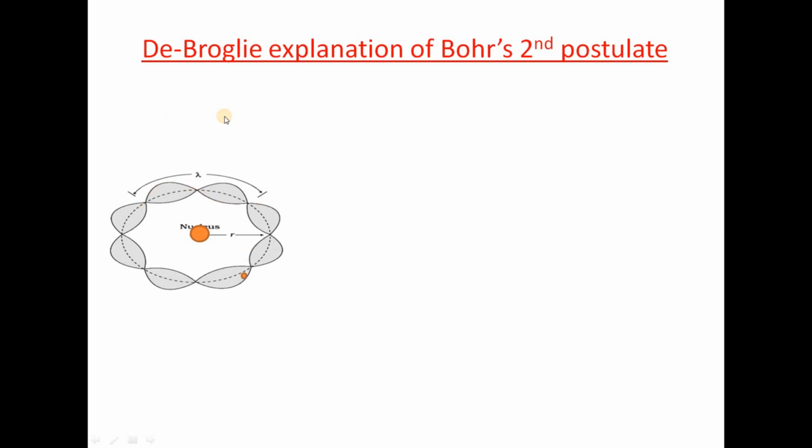As we know, for the electron to revolve in a stationary orbit or non-radiating orbit, the circumference of the orbit must be equal to the integral multiple of the wavelength of the electron. That is, the circumference of the nth orbit must be equal to n lambda.